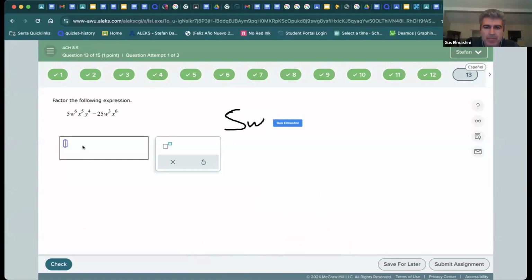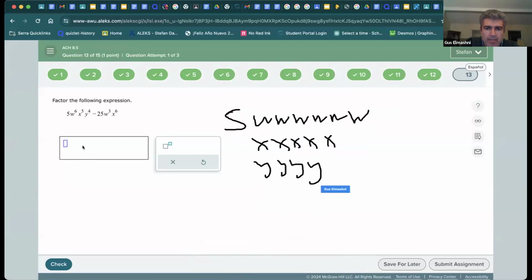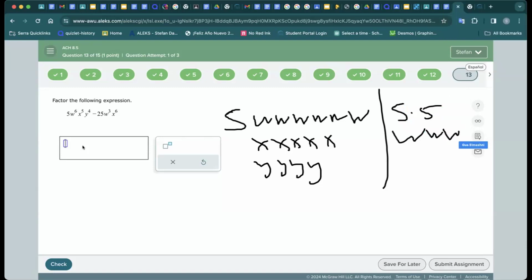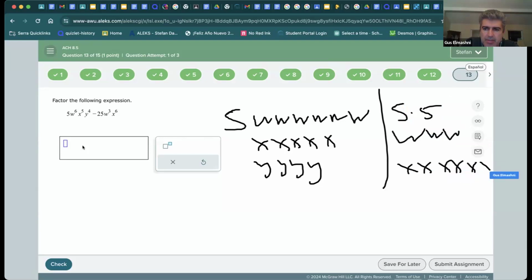So think of it this way. 5W, then X, X, X, X, X, Y, Y, Y, Y. And this one here is 25, which is going to be 5 times 5, W, W, W, X, X, X, X, X, X.